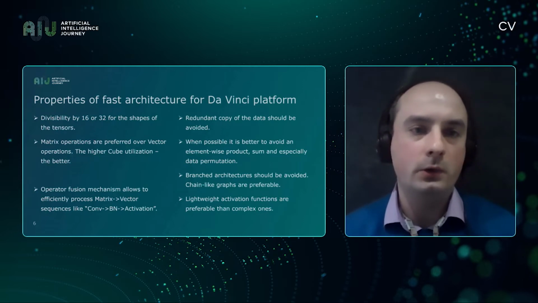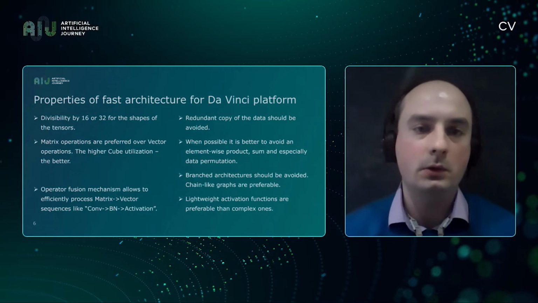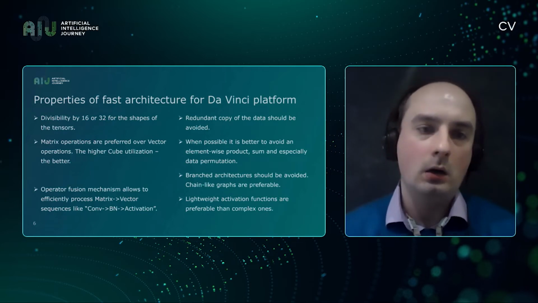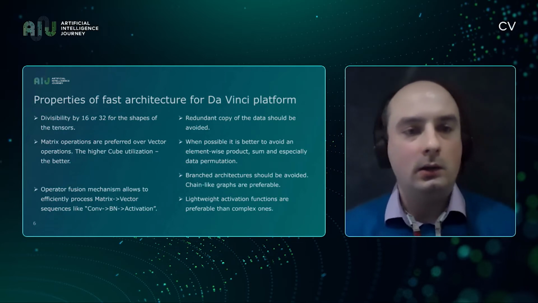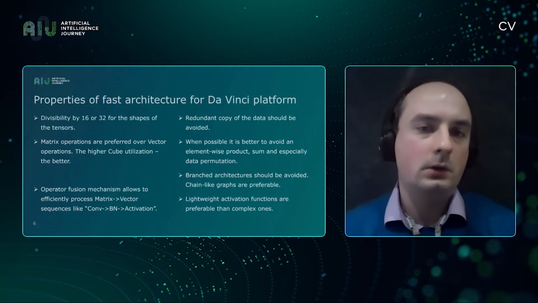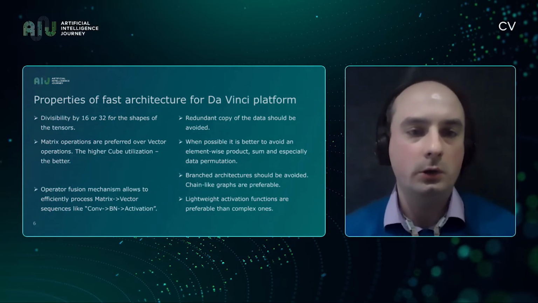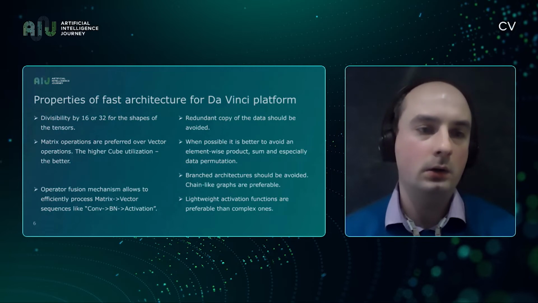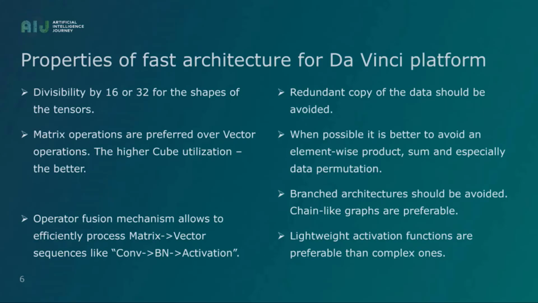Ideally, the shapes of all tensors should be divisible by 16 or 32, depending on the accuracy. You need to prefer matrix operations over vector operations, and the higher the cube utilization, the better.